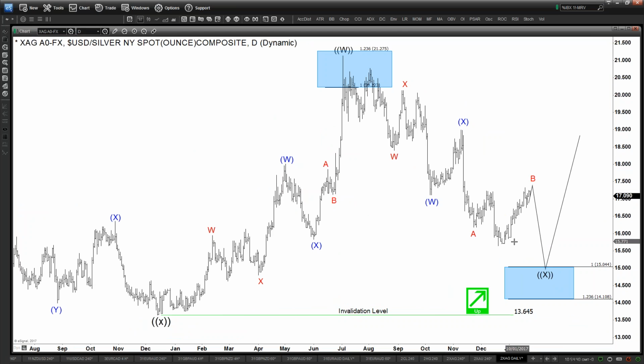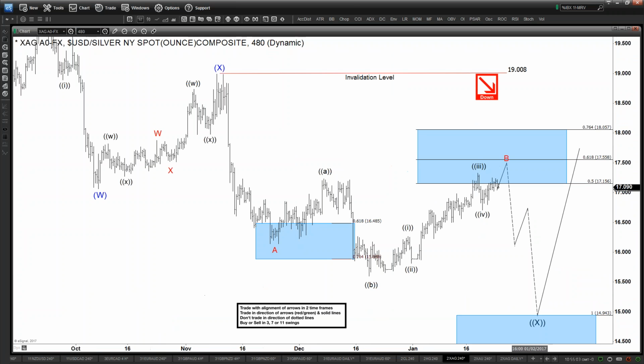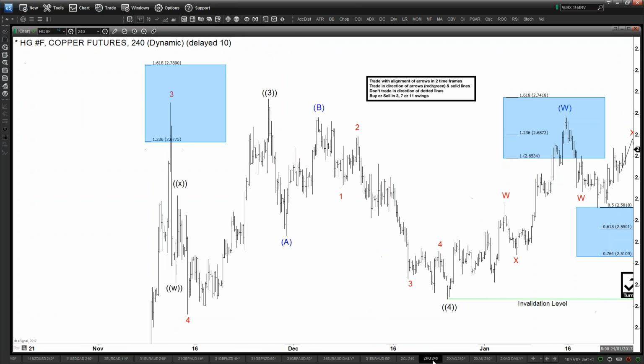Or worst case scenario, if silver doesn't make another low, then you can put the B here and call the cycle completed over here, because you already can count 1, 2, 3, 4, 5, 6, and 7, but of course it did not reach the equal legs extreme from this July peak. Equal legs of the blue W and X, which is why obviously we are still leaving the door open for another low. Let's see how it's going to react after ending the cycle. So either a new low, or it should pull back in 3 waves at least.